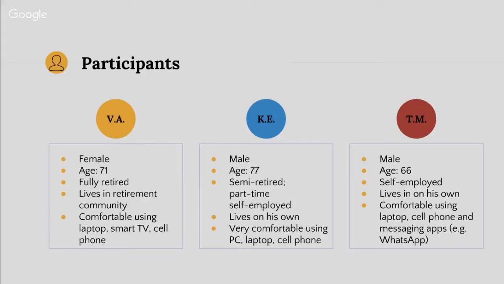The second participant is a 77-year-old male who was partially retired, self-employed, worked part-time, lives fully on his own, and is very comfortable using PC, laptop, cell phone, actually spent a lot of time working in the electronics industry. The third participant was a 66-year-old male, also self-employed and living on his own, and comfortable using laptop, cell phone, and judicious user of messaging apps.